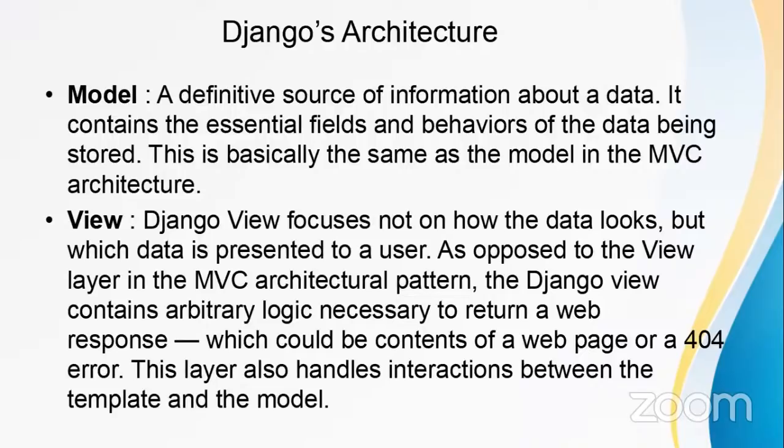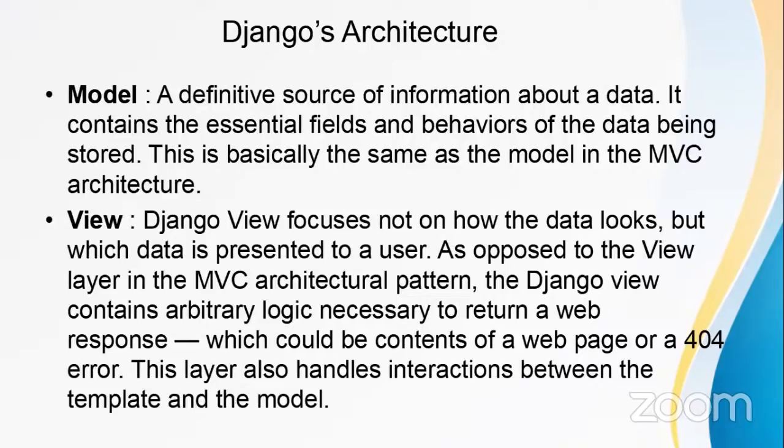So everything the user interacts with, everything the user sees, that could be termed our view. Now, for Django, our view is somewhat different. Our view does not focus on how the data looks. It focuses on which data is presented to a user.